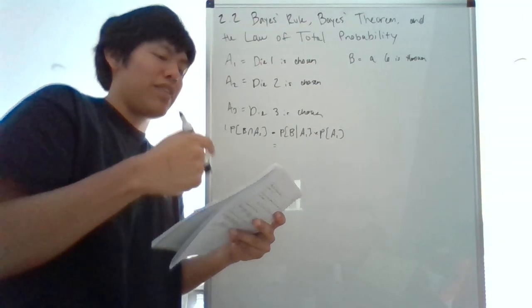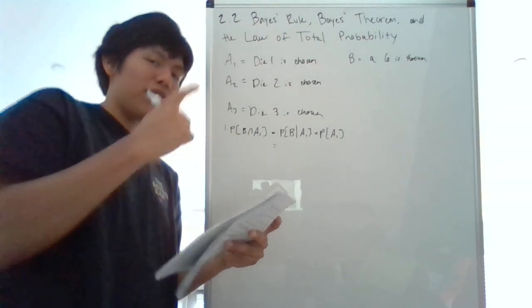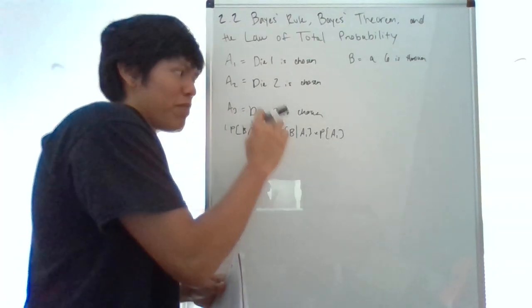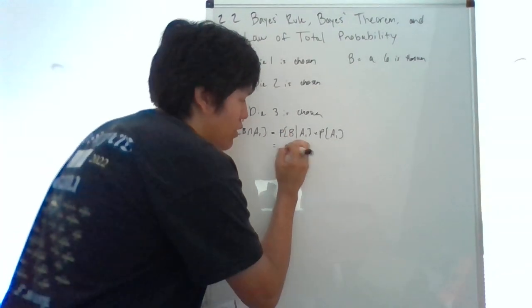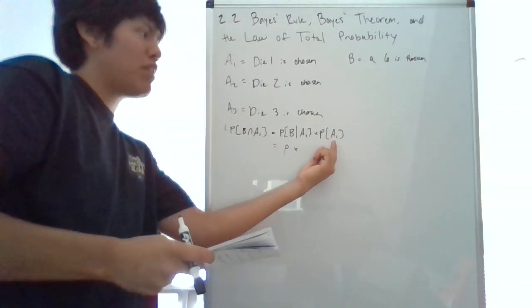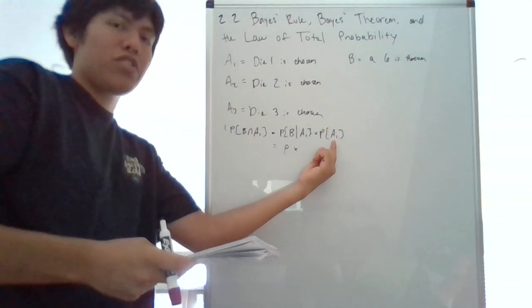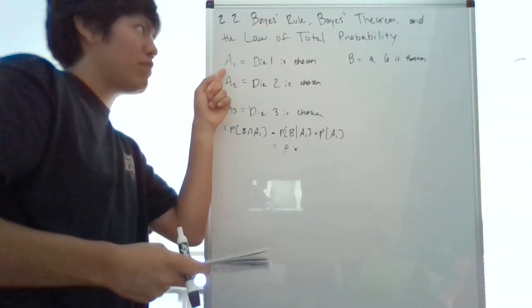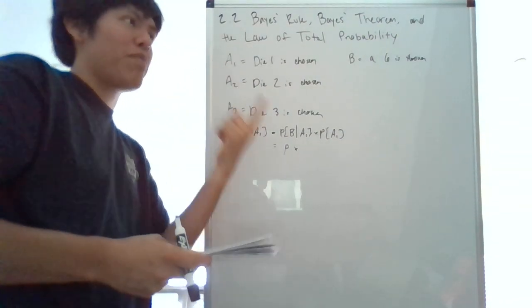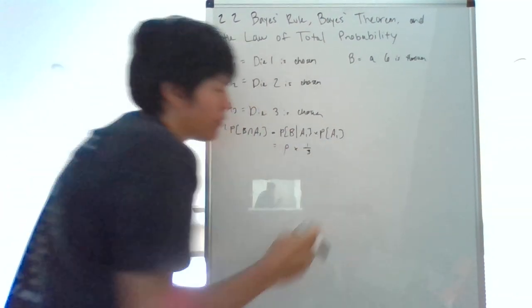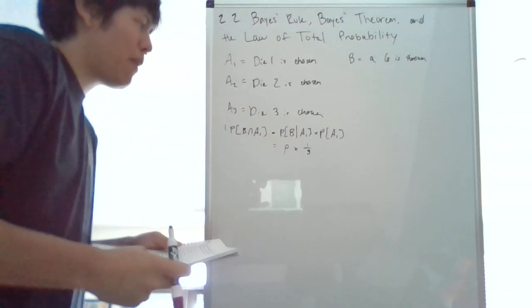Well, in the question, that probability was just P. So the probability of B given A sub 1 is P. Now, what is the probability that die 1 is chosen? There's 3 dice to choose from. If we choose any one of them, it's going to be a 1/3 probability. So that is 1/3.